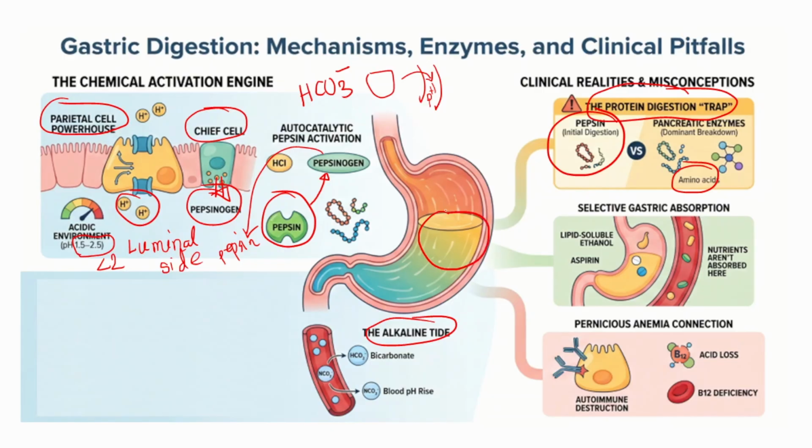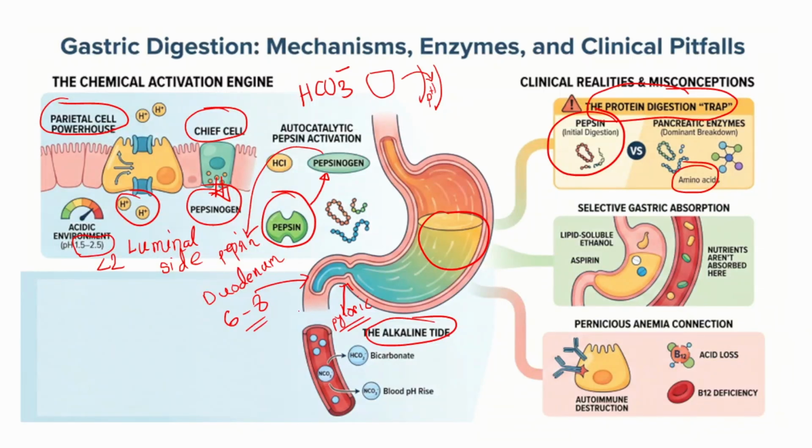As the chyme moves forward, we locate the pyloric sphincter, a muscular gateway that controls the rate of chyme release into the duodenum. When this material enters the duodenum, it encounters an alkaline pH of around 6 to 8.